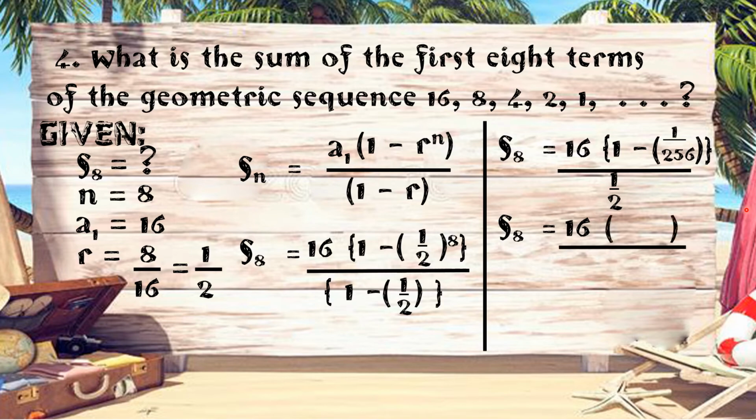Then we have S sub 8 is equal to 16. Kunin natin yung lowest term, yung least common denominator ng 1 and 256. Remember, yung 1 na yan, meron siyang invisible na 1 sa ilalim. At ang number na pwedeng i-divide sa 1 at 256 ay 256. Ulitin ko, may invisible 1 yan. And then 1 and 256, yung number na pwedeng i-divide sa kanilang dalawa is 256.